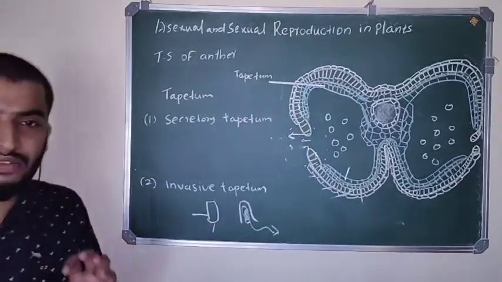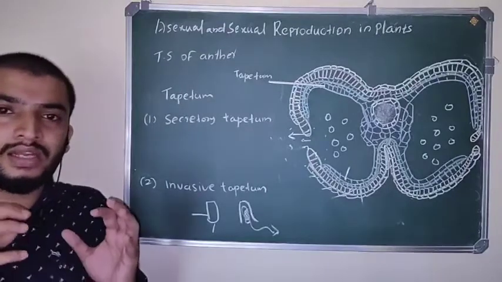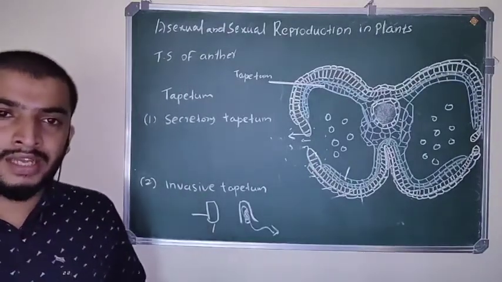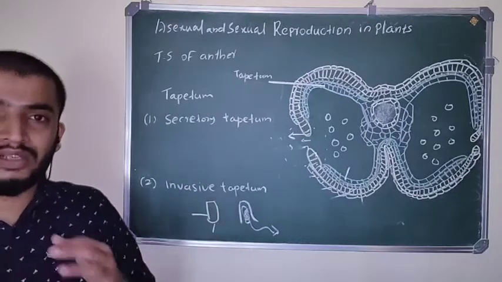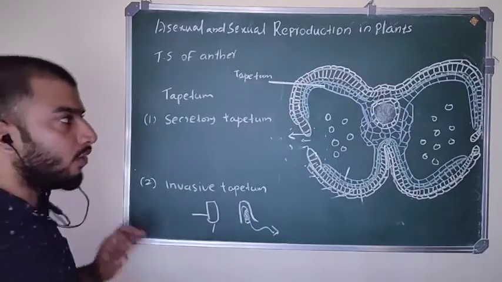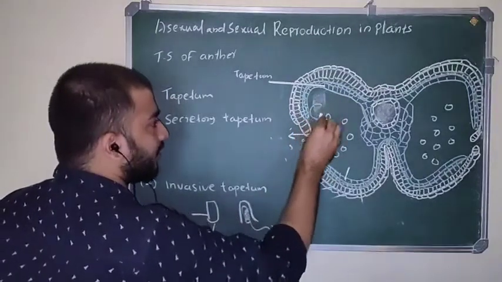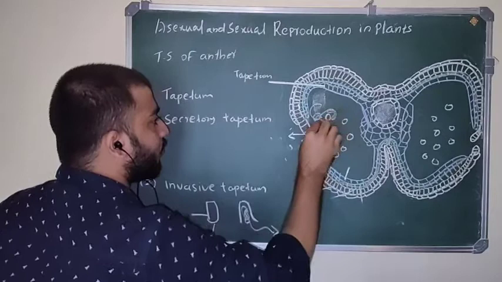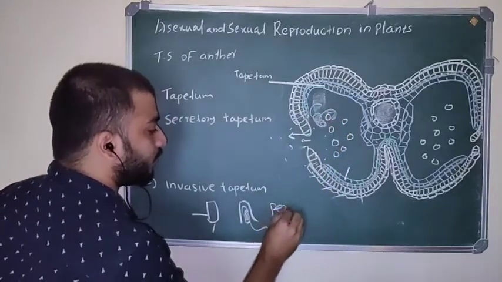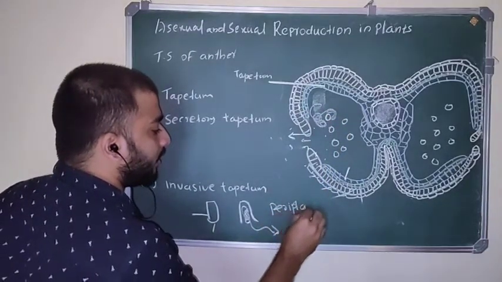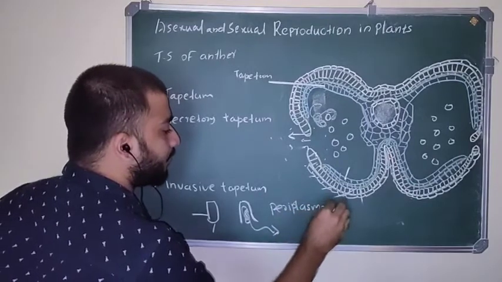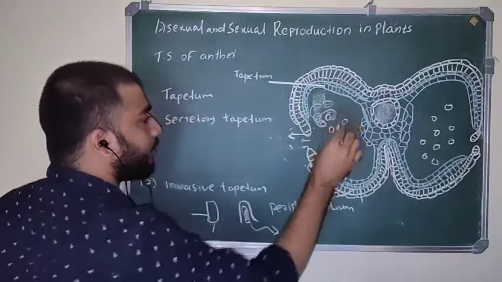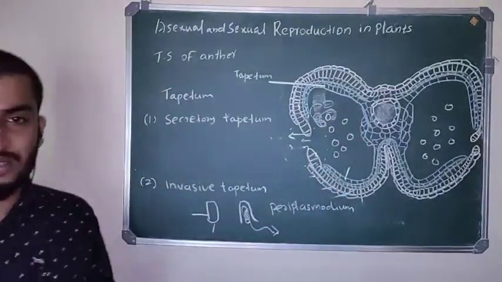The protoplasmic contents that contain nutrients form the periplasmodium, and this periplasmodium nourishes the pollen grains, microspores and mother cells.